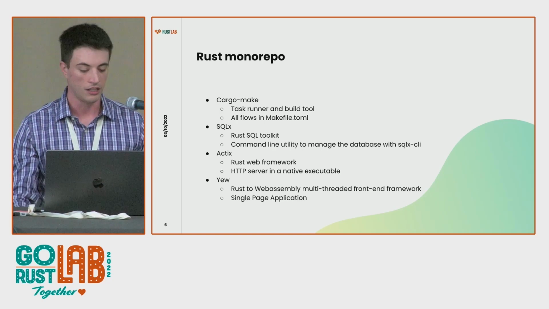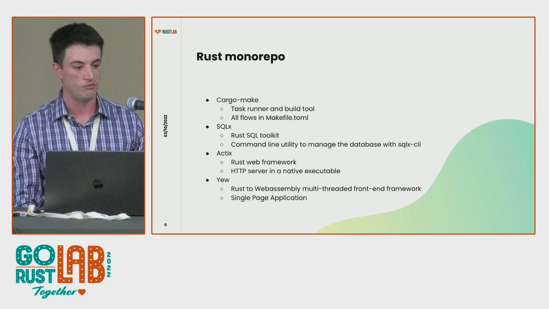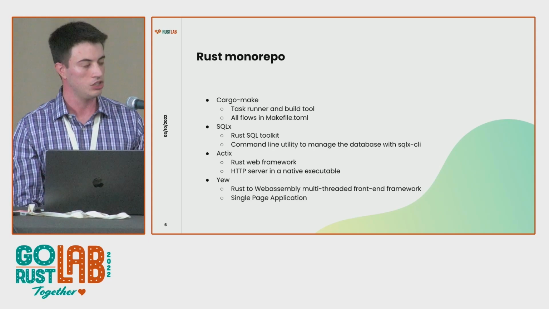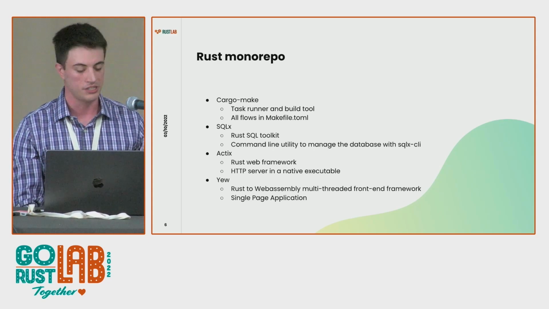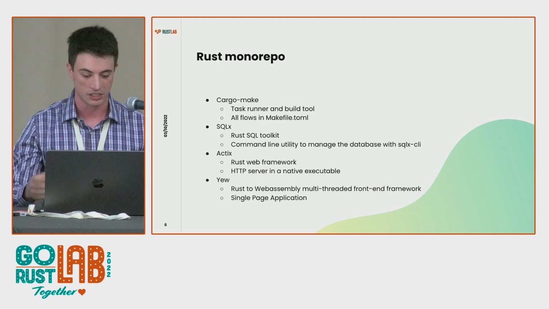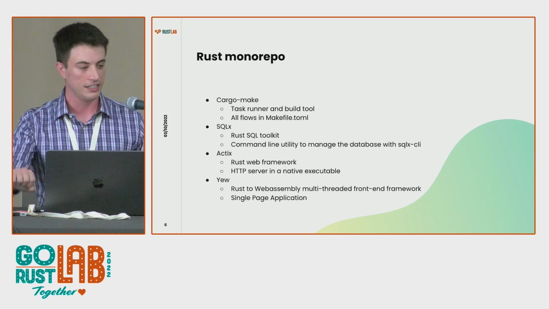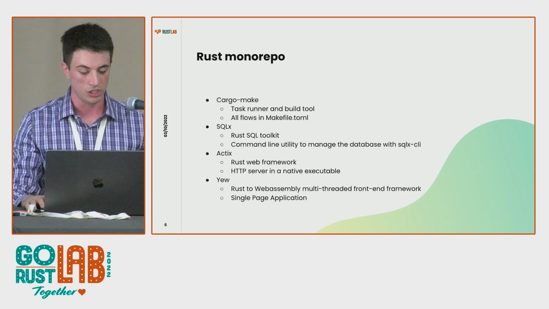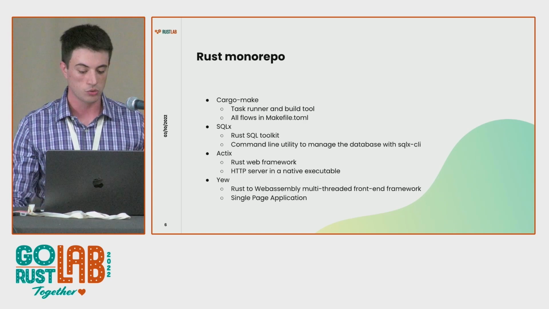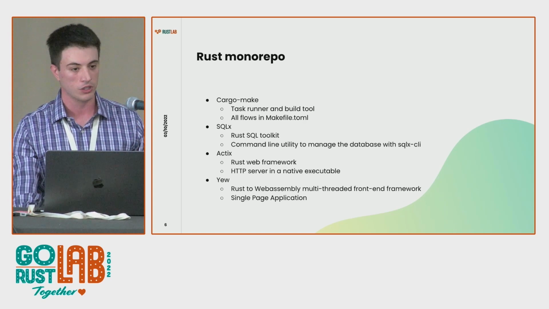Then I used Actix, which is a Rust web framework, and that's going to be used to spin up the HTTP server and to build it into a native executable. And finally, for the front end, I used Yew, which is a Rust WebAssembly front-end framework that is used to create single-page applications.